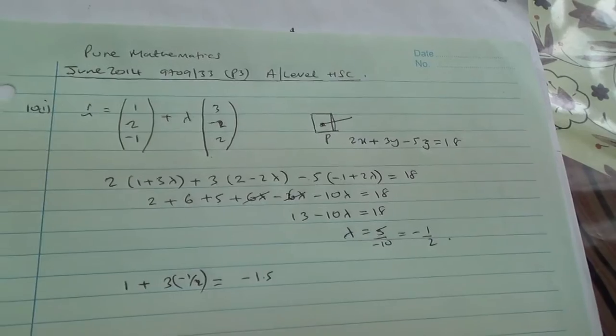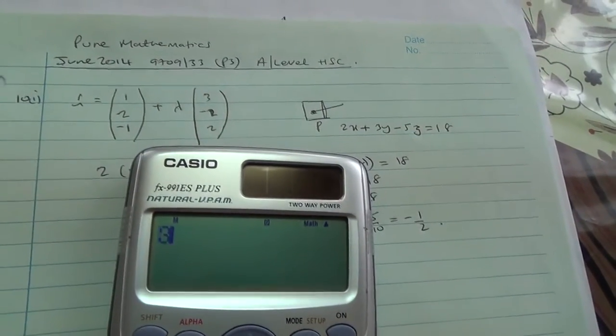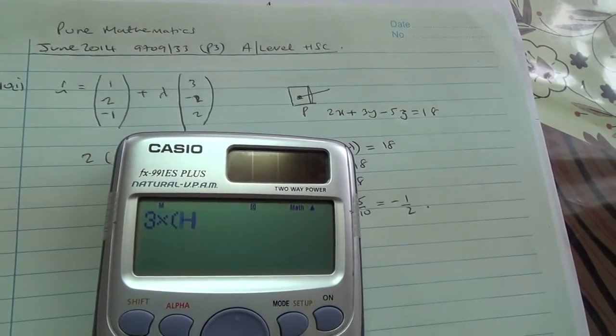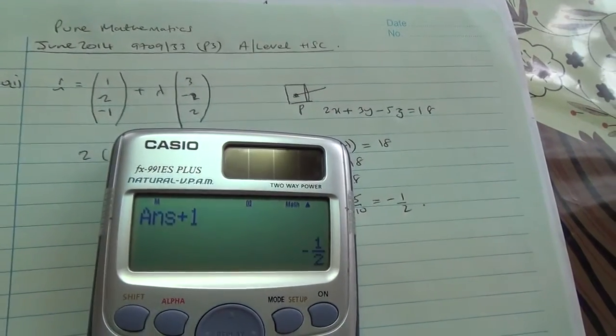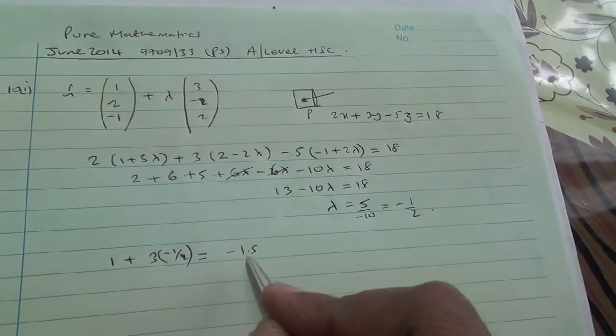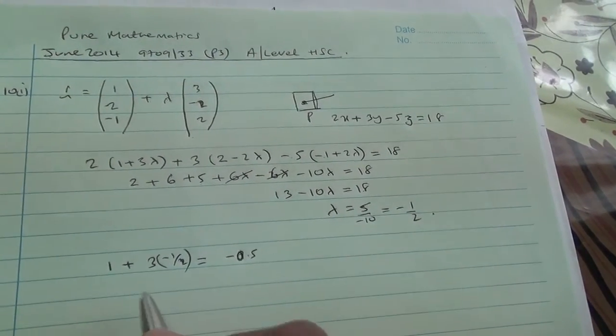What is 3 times minus half? It's minus 3 over 2, plus 1, which is going to be minus half. So therefore we have minus 0.5.